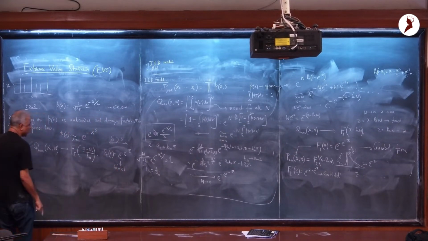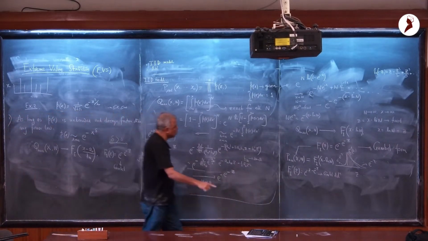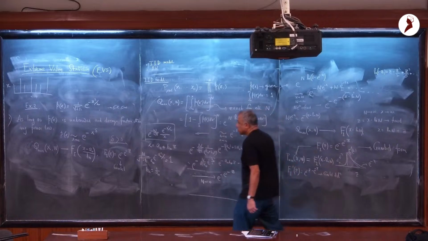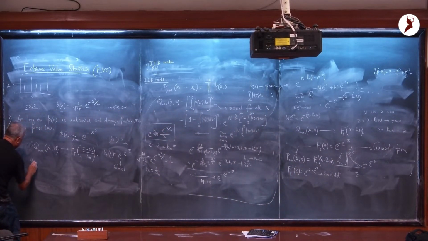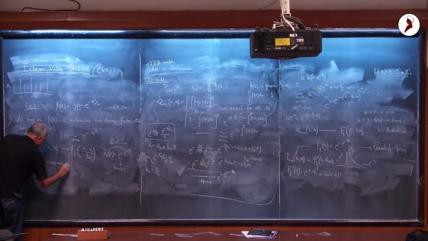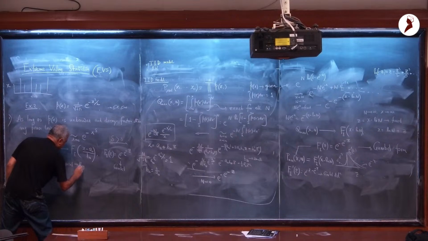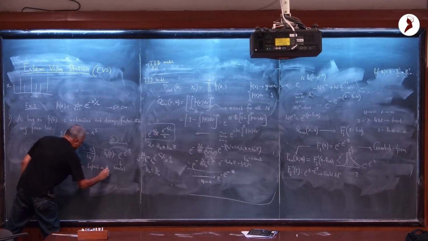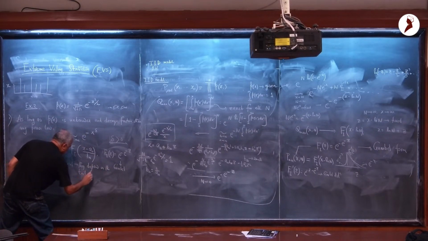That is, the PDF again will just be the Gumbel PDF that we drew here. So this means that this an and bn are non-universal. They depend on the tail of P of x.